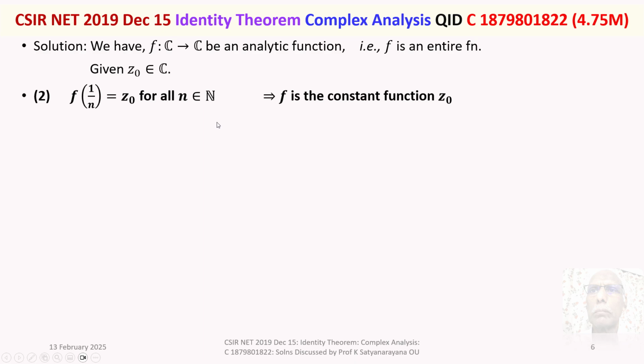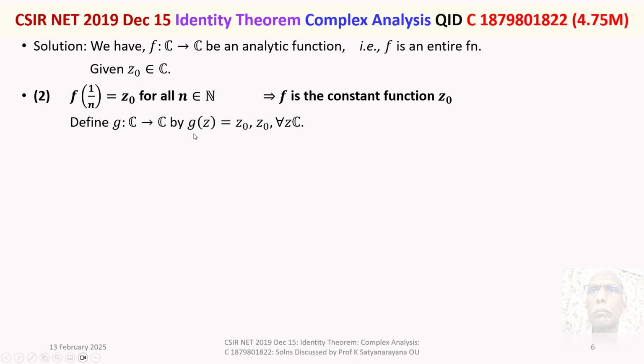So let's be very clear about the identity theorem and how it is to be applied, and I will show you. Right. Define a function g from C to C by g of z is equal to z0 for all z belongs to C. So there is a print mistake, z0 is extra, and for all z belongs to is missing.